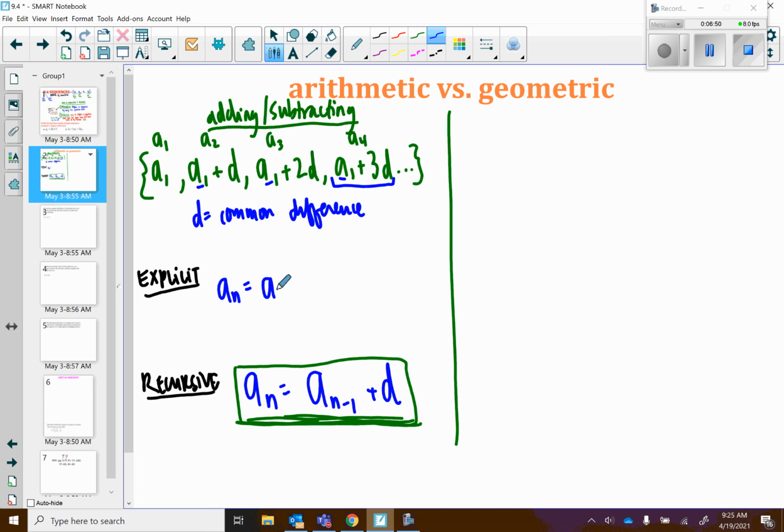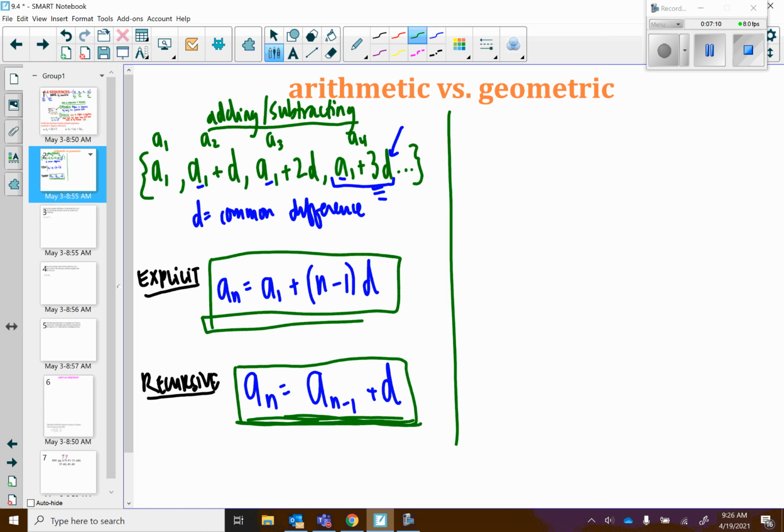So it is equal to the first term plus how many copies of that common difference? Well, notice this fourth term has 3 copies, this third term has 2 copies, the second term has 1, so plus n minus 1 times the common difference. That would be an explicit way to write our arithmetic sequence.